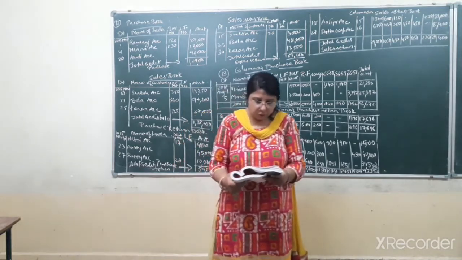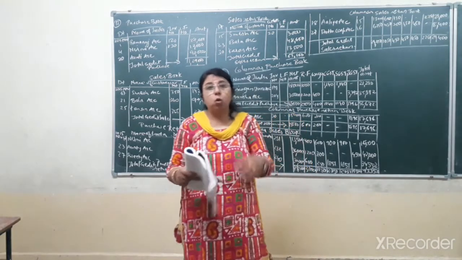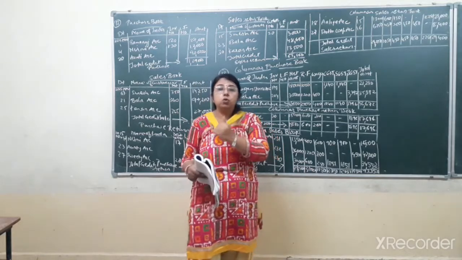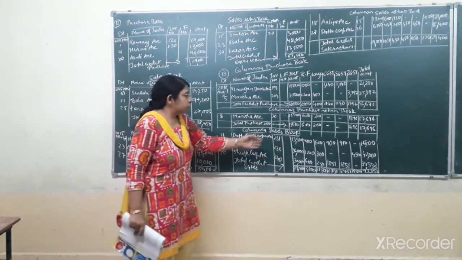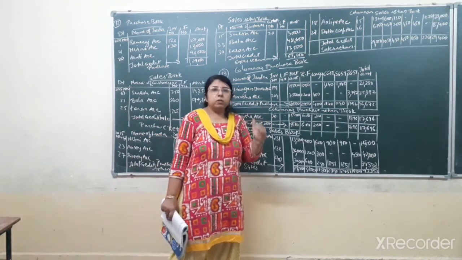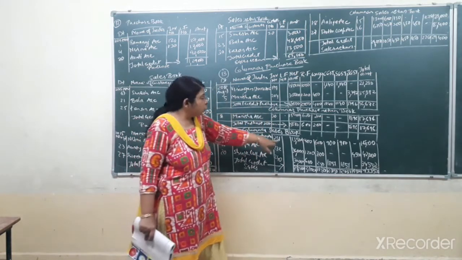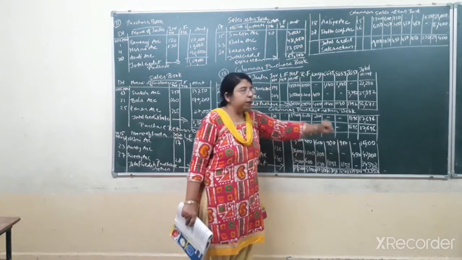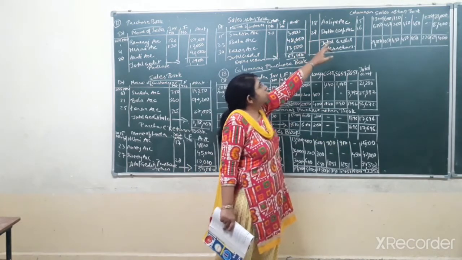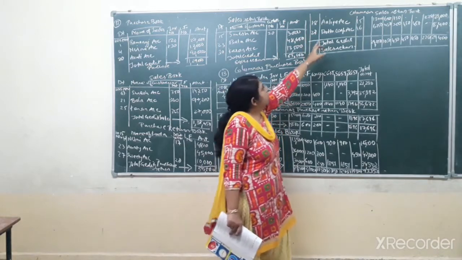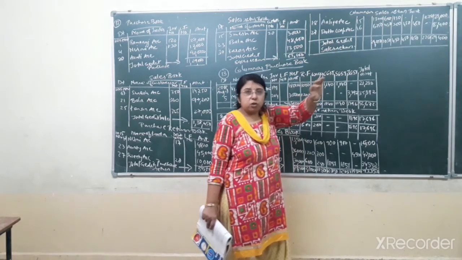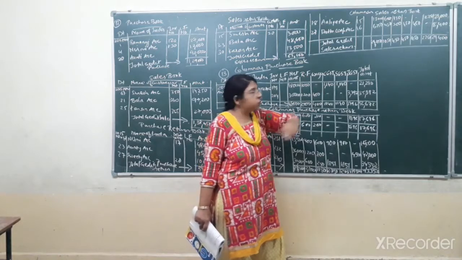Next one, 27th. 50% goods returned by Dantu Corporation. Previously we had sold goods to Dantu Corporation, and out of those goods, Dantu Corporation is returning half. So it is a transaction of sales return, and we have to count half of all these amounts. In the sales return book, I have written date, that is 27th, Dantu Corporation, the name of the customer from whom we have received back the goods.